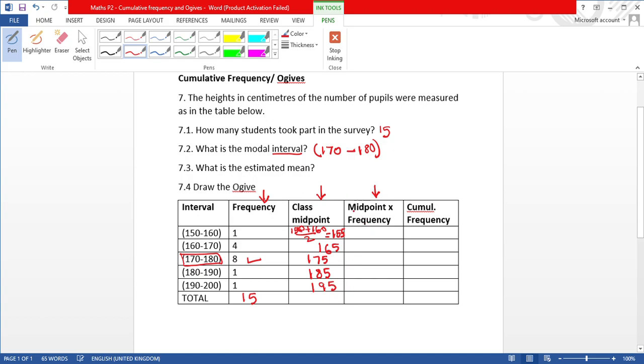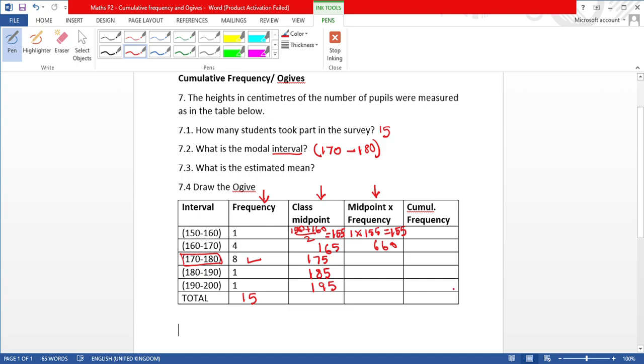And then now let's get the product between the midpoint and the frequency. So basically here you're going to have 1, which is our frequency, multiplied by 155, which is going to give us 155. Here you're going to have 4 times 165, which is going to be 660.